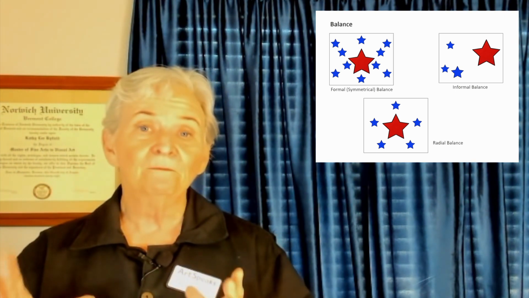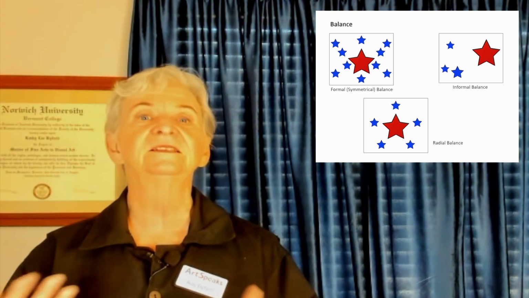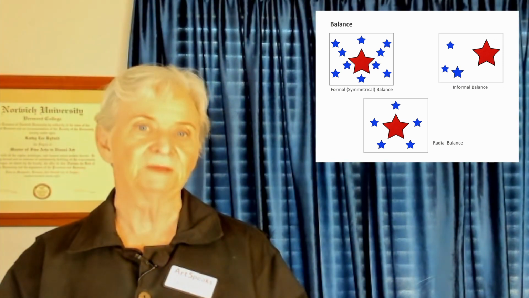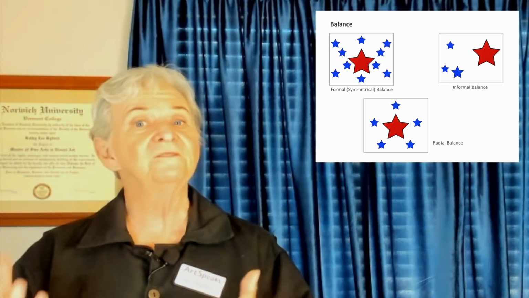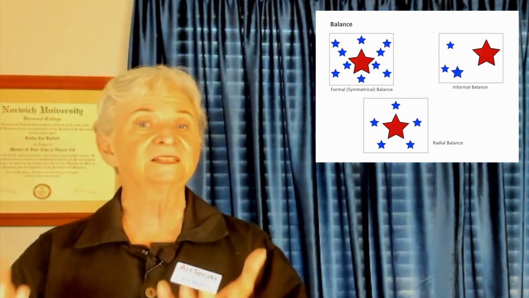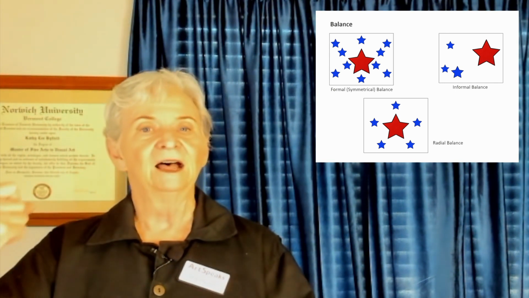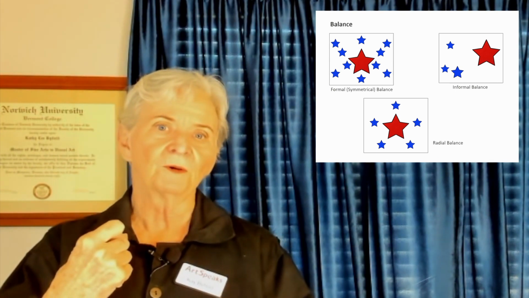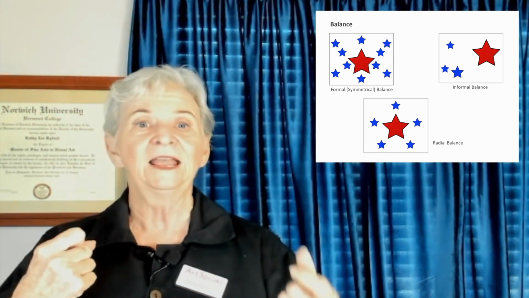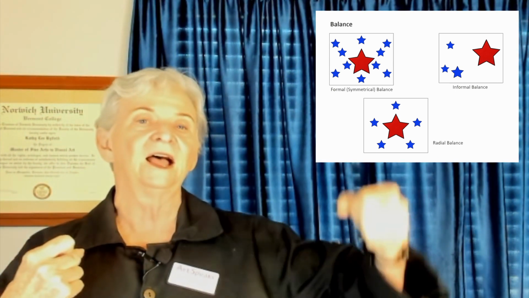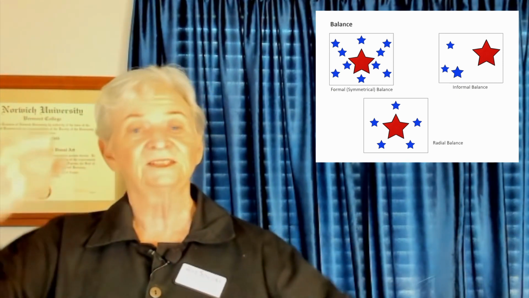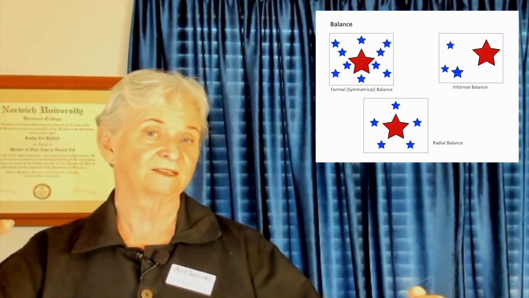The most common form of balance is informal balance or asymmetrical balance, where it feels balanced, but it's like a teeter-totter with somebody heavy scooted forward and the lighter people on the other side further out, and so the teeter-totter balances.